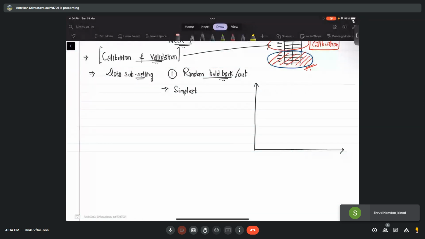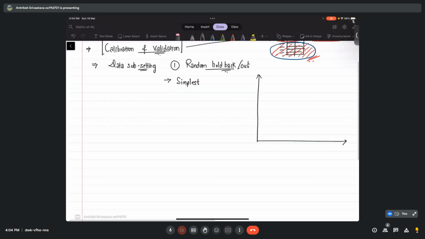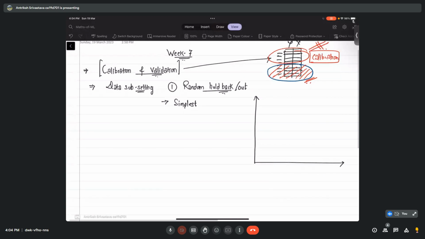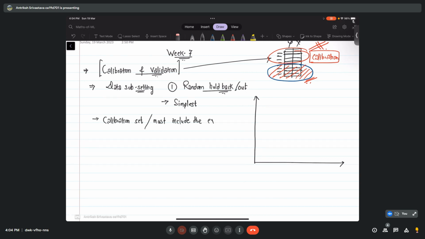Thank you. Okay, so one thing to keep in mind when we are using a random holdback for our calibration validation purpose is that the calibration set must include the extremes of the dataset.